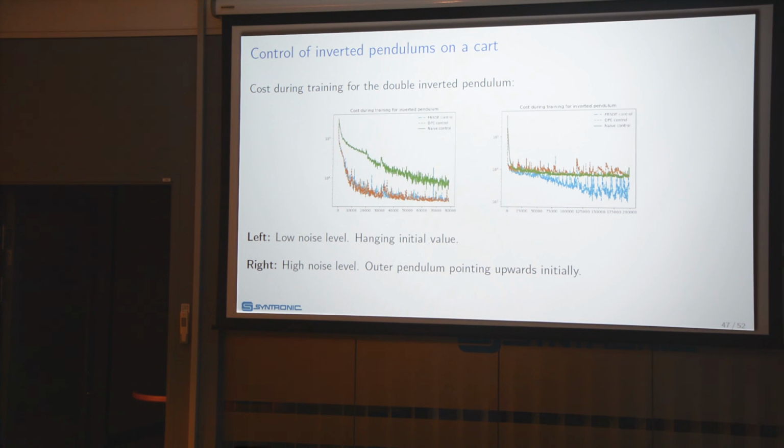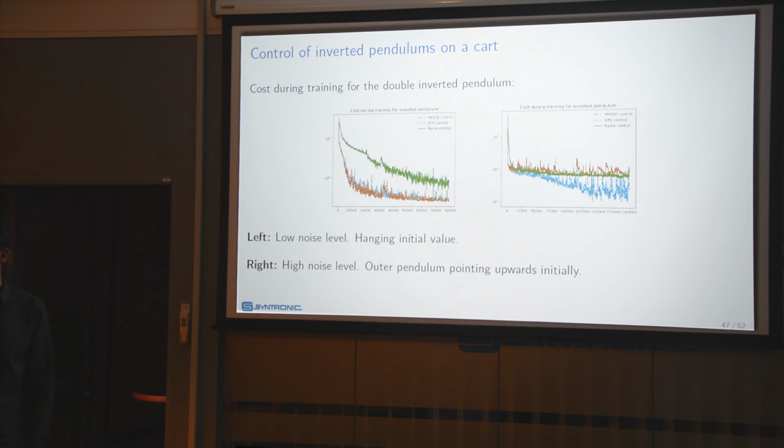And the second, when we add the noise level, we get for the first time a benefit for the FBSDE regulator. So it's really better. And even the naive seems to be better than the DPE. So we have a reason to do the difficult things. That's a good result, I think. But we tried also very simple toy problems in 1 dimension, and for them the naive solver was always the best one.